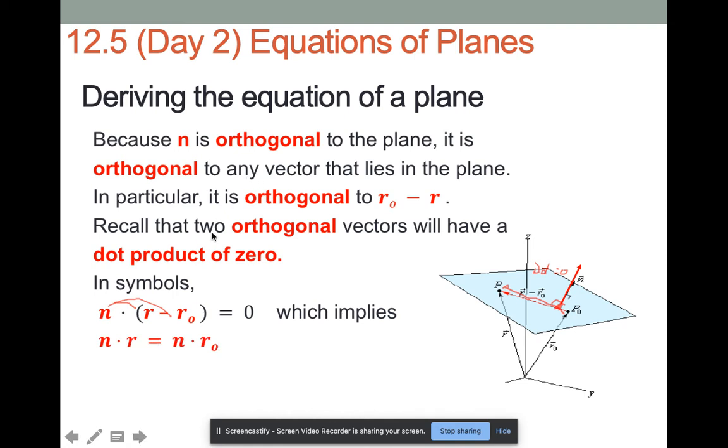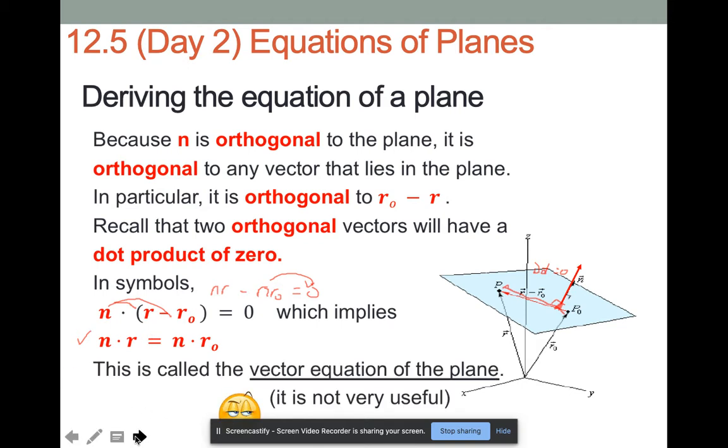If n distributes across those, you would have n dot r minus n dot r sub 0 is equal to 0, and then you just move this over to the other side, and boom, you have this equation. That's actually an equation of a plane. It's just not super useful. It's called the vector equation of the plane. I hardly use it at all. I can't remember using it.